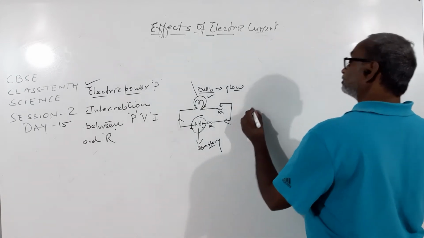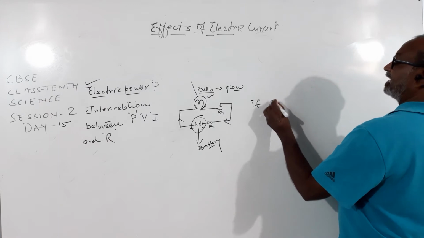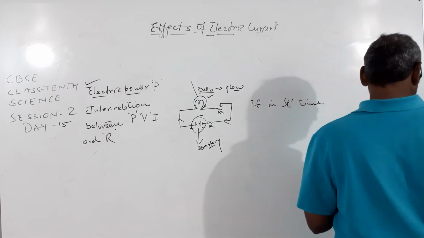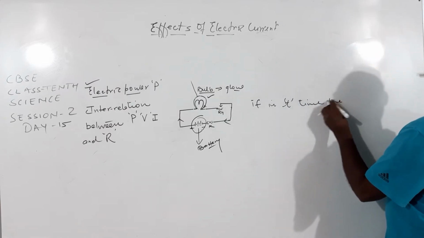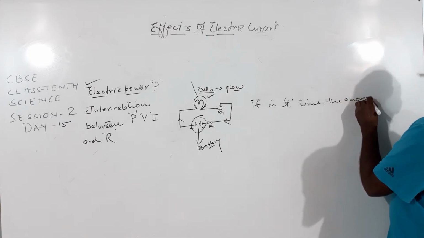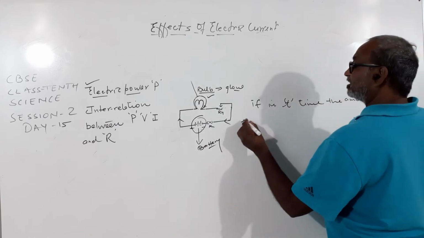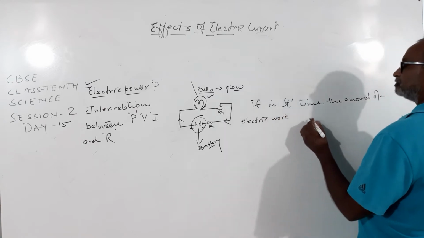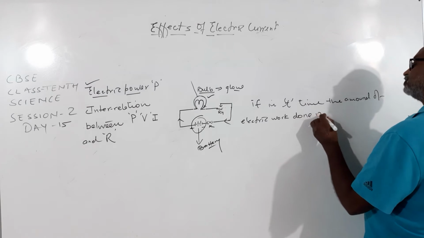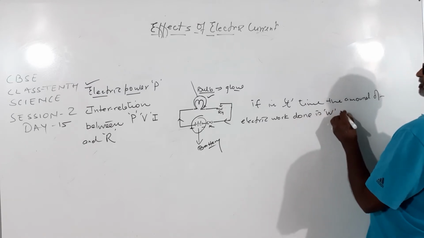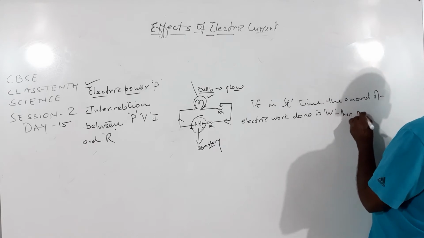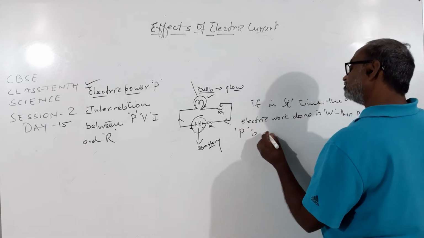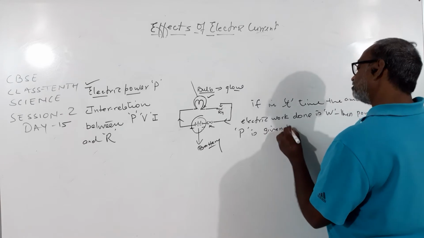Now if in T time the amount of electric work done is W, then power P is given by the relation.